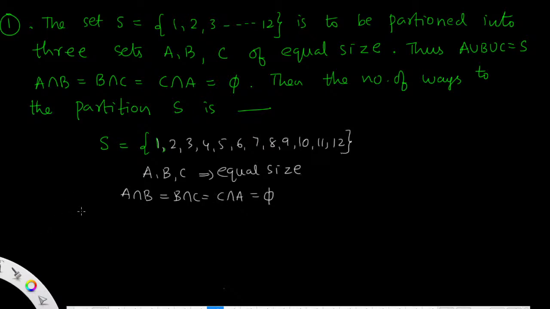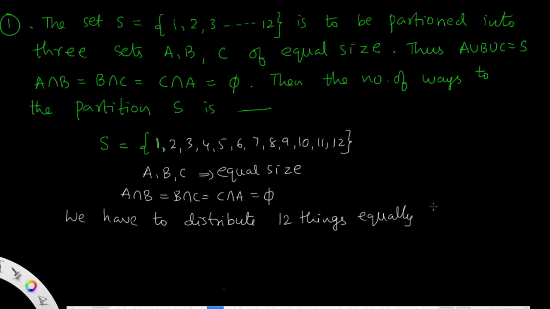Then we have to distribute the 12 things equally to the 3 sets A, B, C. Therefore, what is the total number of ways?